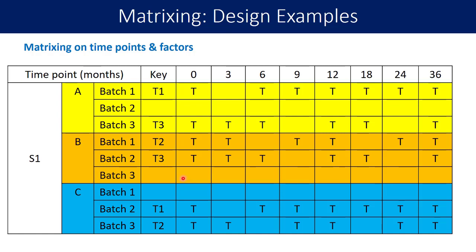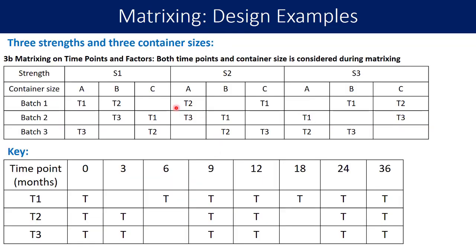Similarly, if I have to find out the requirement of container B, now here is the strength S1, here is the container B, and I need to test batch number 1 according to T2 key and batch number 2 according to T3 key. There is no mention about the testing of batch number 3 for container B. It's empty.